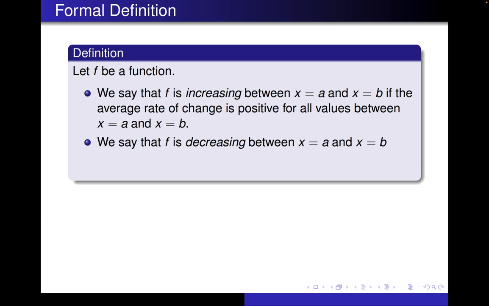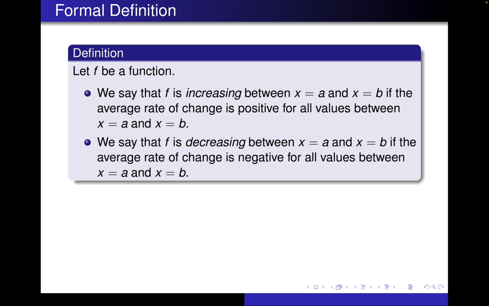And we say that f is decreasing between x equals a and x equals b if the average rate of change is negative for all values between x equals a and x equals b. And again, that means if I choose any two values of x between x equals a and x equals b, not simply at x equals a and x equals b, I will always get a negative number.